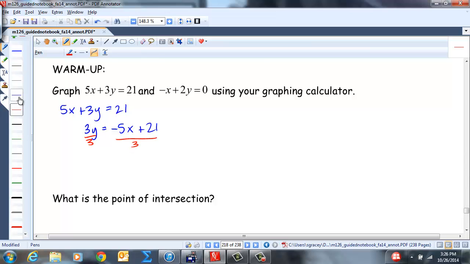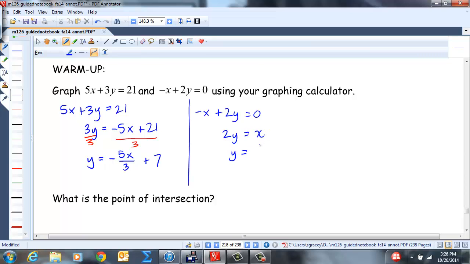Don't forget to divide both parts of the right side by 3. We'll get negative 5x over 3 plus 7. And for the second equation, negative x plus 2y is equal to 0. Adding x to both sides, we'll get 2y is equal to x. Dividing by 2, we'll get y is equal to x over 2.